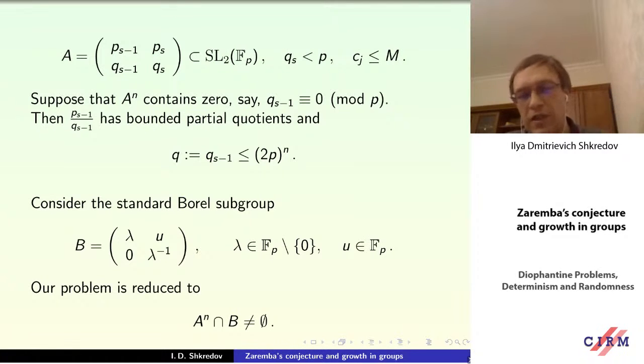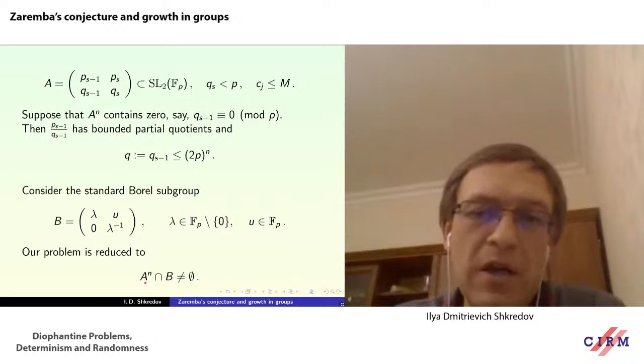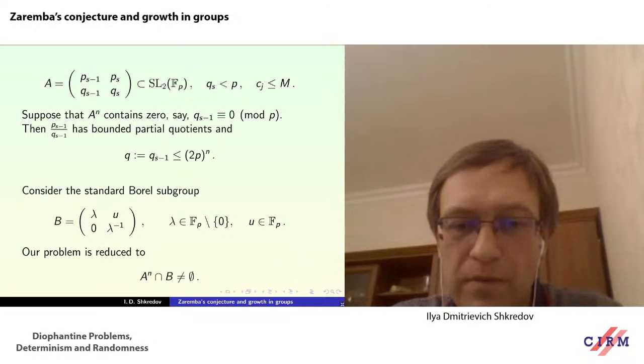I will show you at the end that actually A is somehow random. So I am interested in finding a non-empty intersection of a random set, or rather some power of A, with a structural set. It's a classical problem.